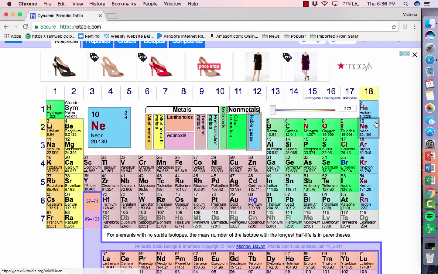Well, what you can do for the shorthand notation is you find the noble gas that came before the element. So you back up the periodic table. The noble gas that I run into is helium. So helium came before beryllium, and so what you do is you start with the noble gas.